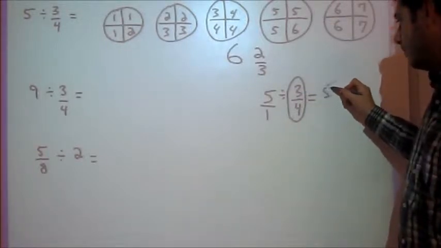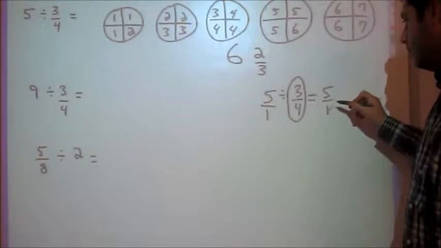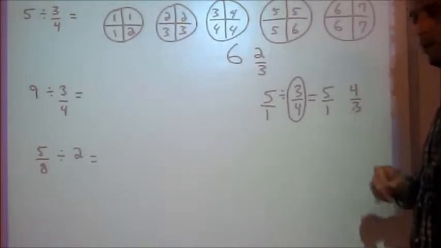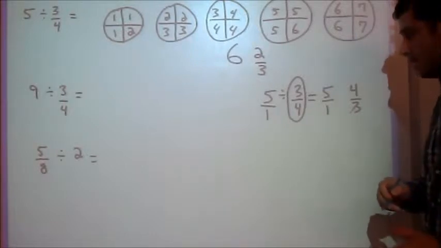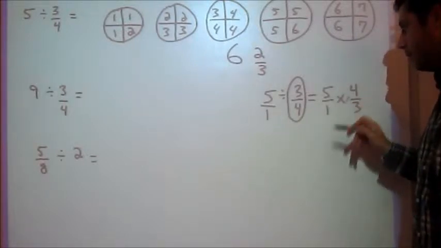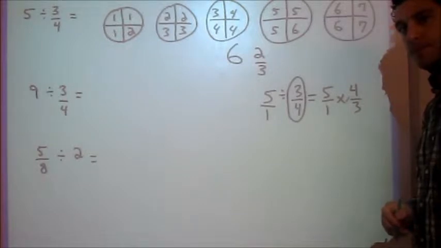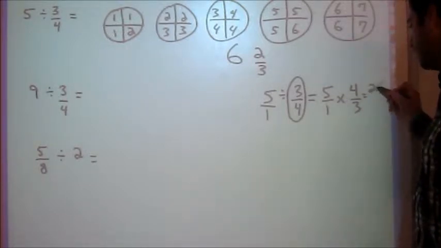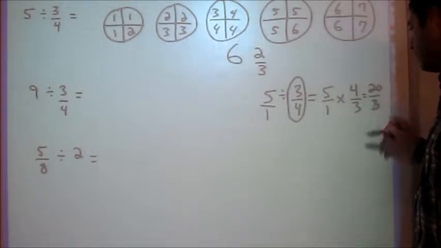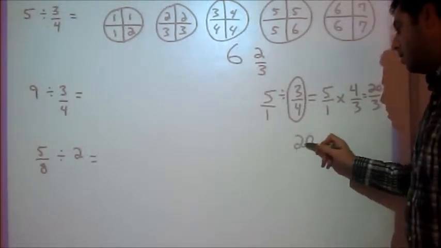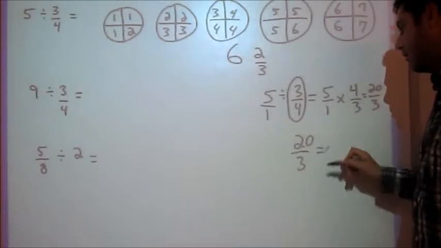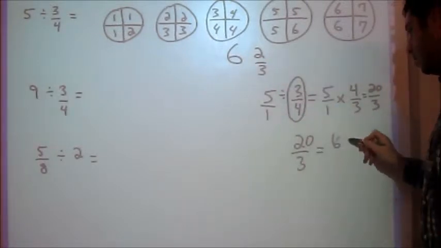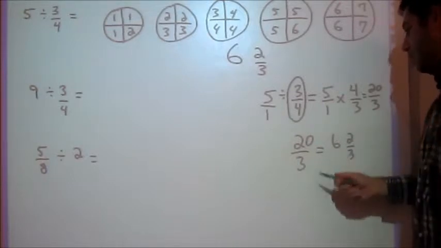So we're going to put 5 over 1, and we're going to put the reciprocal of 3 quarters, which is 4/3. And then we're going to actually multiply rather than divide. 5 times 4 is equal to 20. 1 times 3 is equal to 3. 20 over 3 converted into a mixed number is 6 2/3.